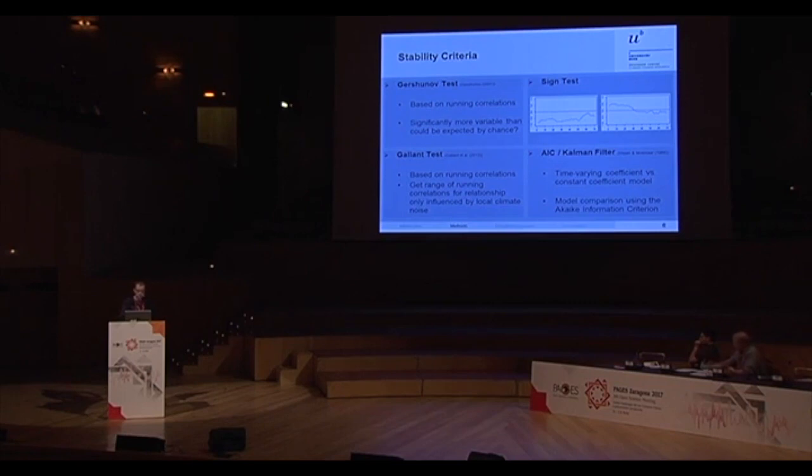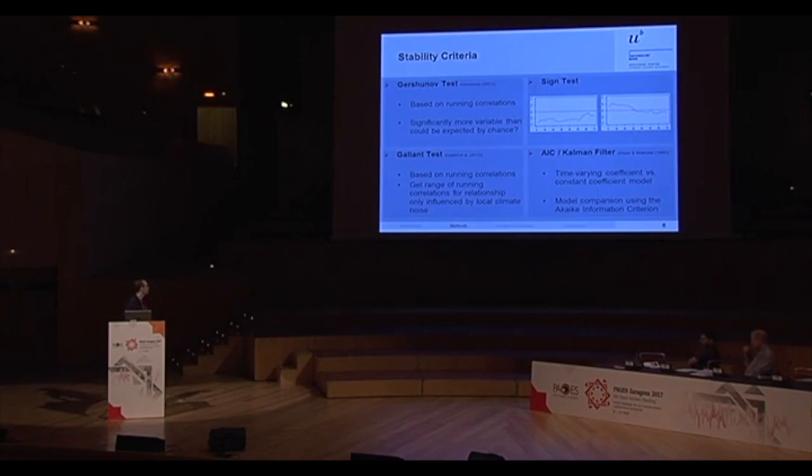The Gallon test is a little bit more involved, but it's also based on running correlations. If you look at the relationship between SAM and climate, be it temperature or precipitation, it gives you a confidence interval where you would expect the running correlations to stay if the relationship was only influenced by local climate noise. And the fourth thing we're looking at is a model comparison.